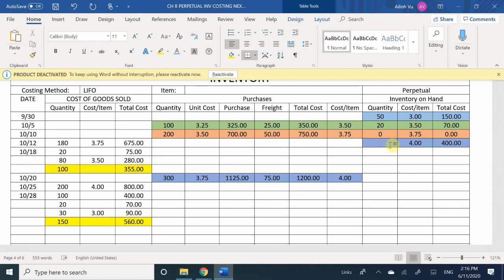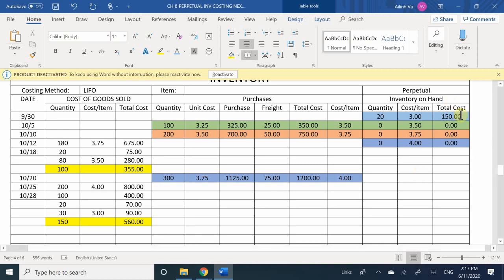We sold our purple, so we no longer have this. We sold our green, so we no longer have this. And then lastly, we dipped into 30 units. So what is 50 minus 30? 20.